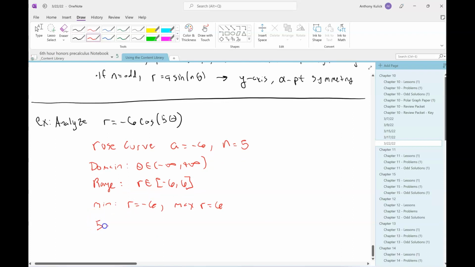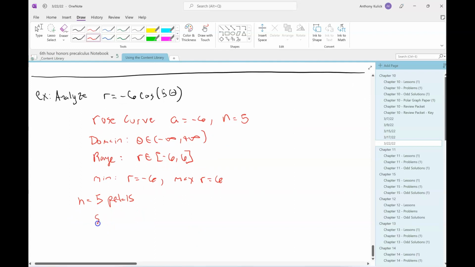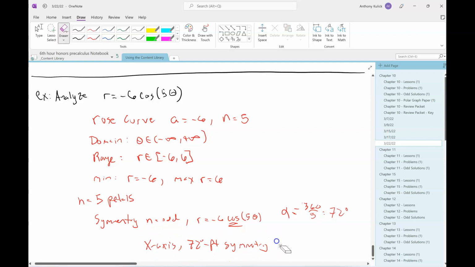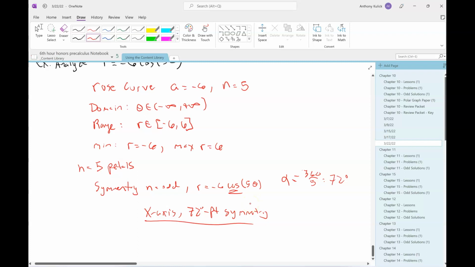I know that there are 5 petals. And then the symmetries, since n is odd and we're the cosine version, we have x-axis symmetry, and in this case alpha is going to be 360 divided by 5, so that's 72 degrees. So we have x-axis and 72-degree point symmetries.